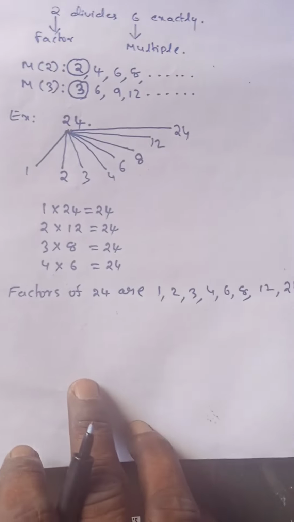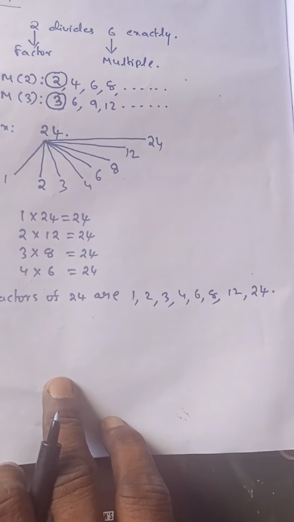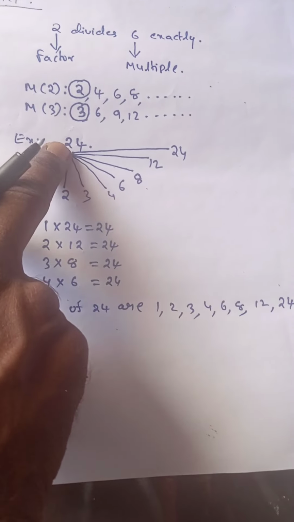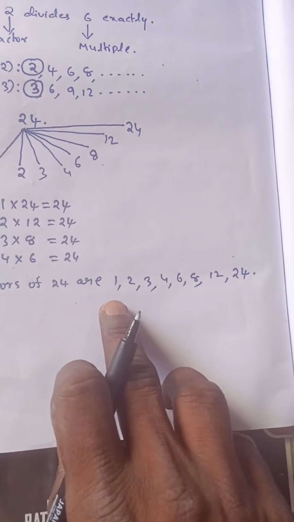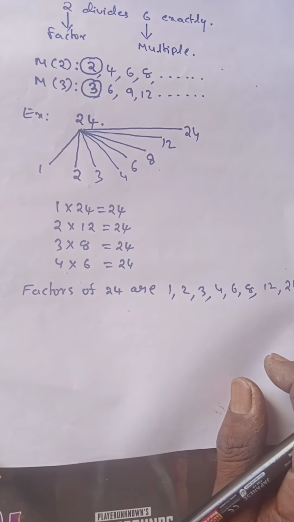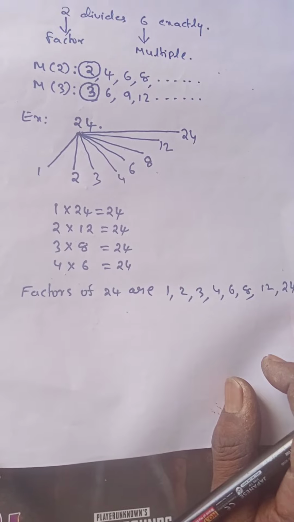So you can understand one thing very clearly. For any number there exist only a limited number of factors, meaning we can count the number of factors of the number.